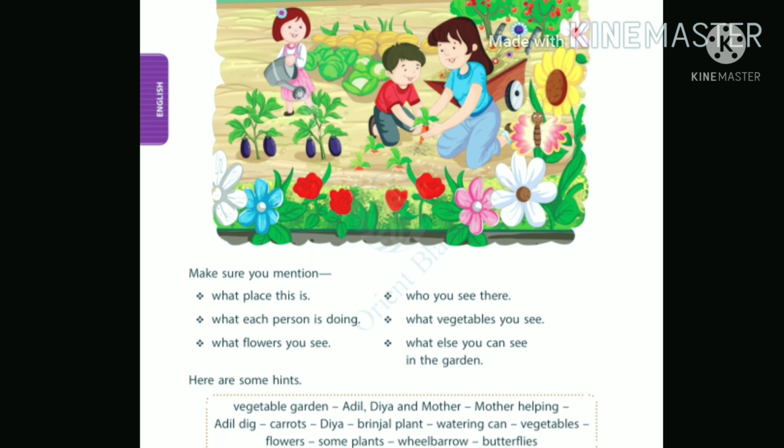Diya is watering the brinjal plant with a watering can. There are some plants in the wheelbarrow. The vegetables in the garden are cabbages, cauliflowers, pumpkins and brinjals. There are apple trees in the garden. There are also sunflowers and roses. There is a butterfly near the flowers.